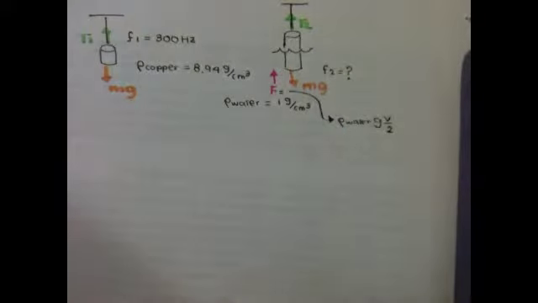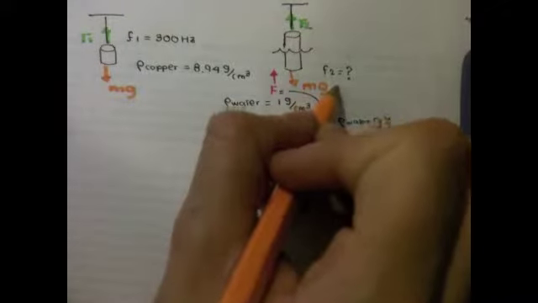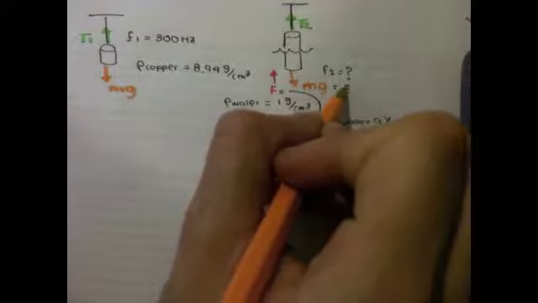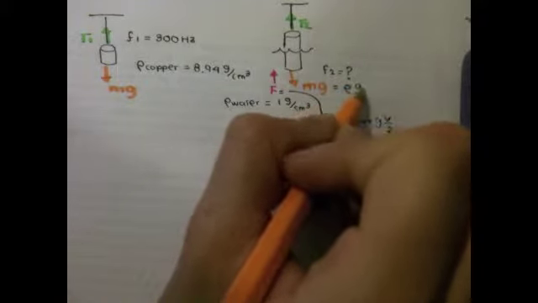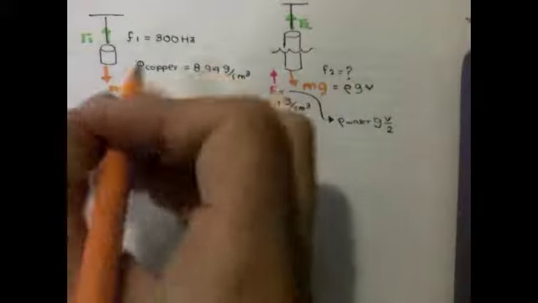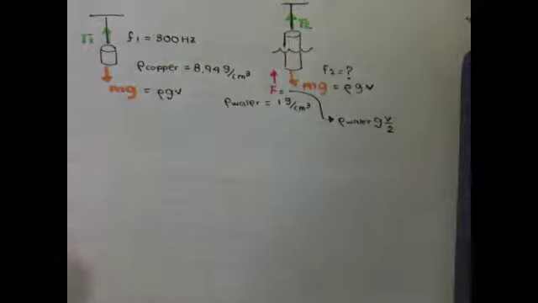In this case, it's half the volume because the cylinder is half submerged. And the weight is equal to the density of the copper times gravity times volume.